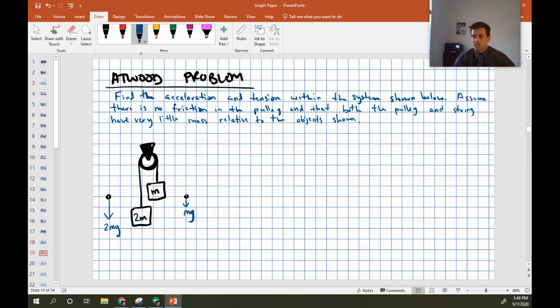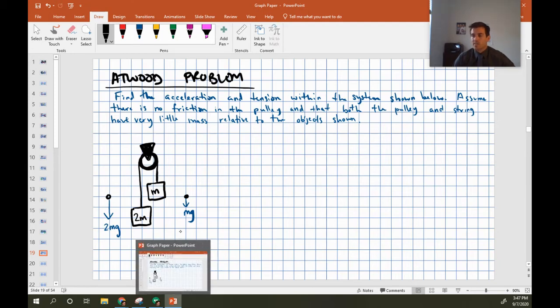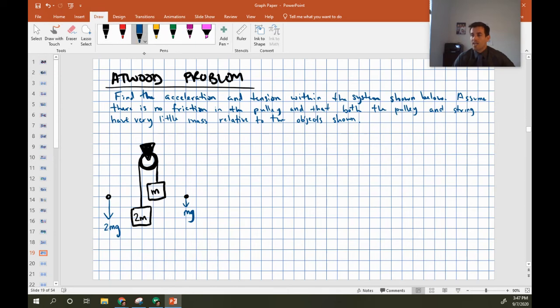Then they have tensions on here. And if I'm being careful with my tensions, my vectors, I should try and draw them with appropriate lengths. So I need to think about what direction the system is going to accelerate. It's going to accelerate so that the 2m is going to fall faster and faster, and the m is going to start moving up and move faster and faster. Which means if I'm drawing this, I need a vector here that starts moving it upwards.